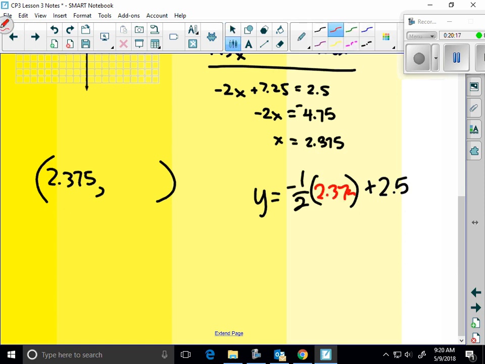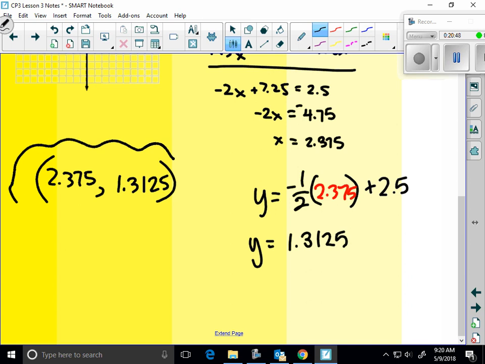I think on the test, we make the numbers work out much nicer. But this example just is what it is. 2.375 times 0.5 plus 2.5. Yeah, I get a yucky number. I get y equals 1.3125. Whew. And although it's not pleasant, that would be the point of intersection of those two lines.